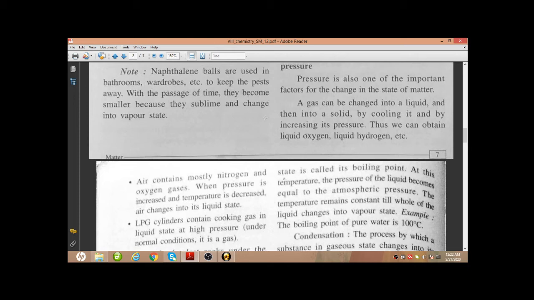So from the gaseous state we will get the liquid state, and from the liquid state we can get the solid state.